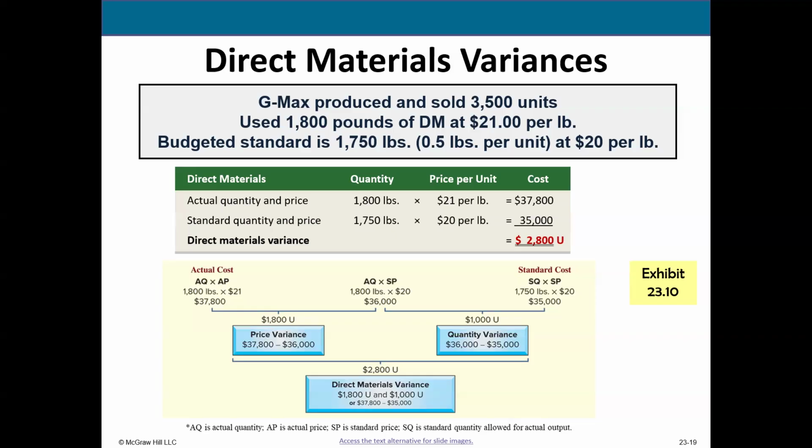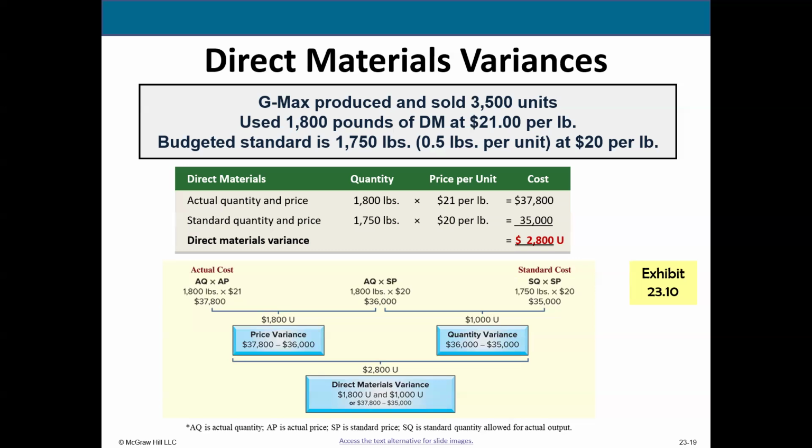We then calculate our standard cost. Our standard cost is 1,750 pounds that we normally would use or normally would purchase, and we multiply that by the standard price of $20 per pound, which would give us a standard cost of $35,000.